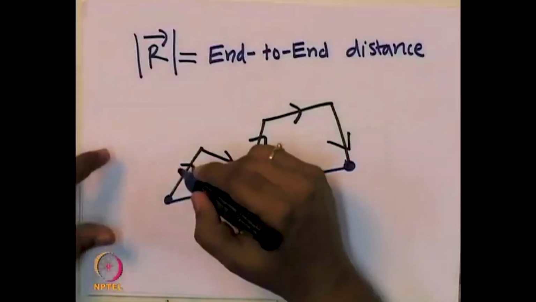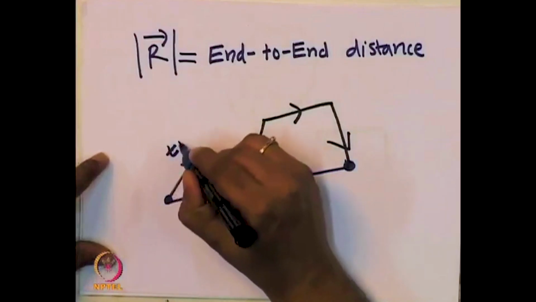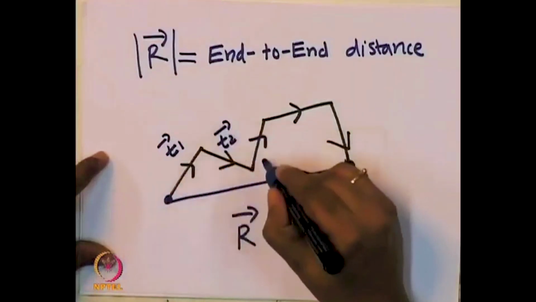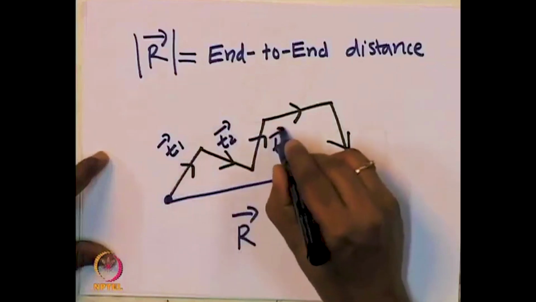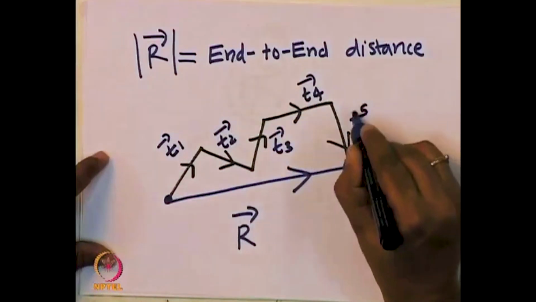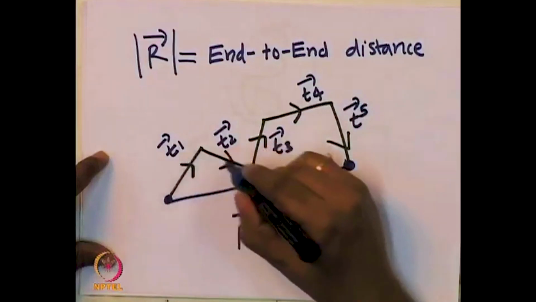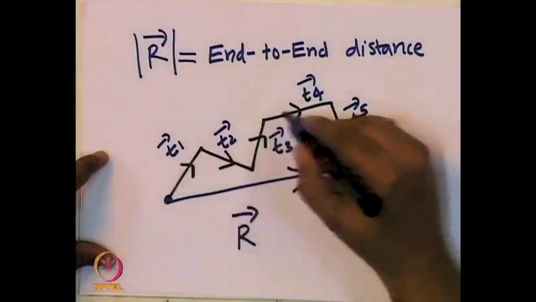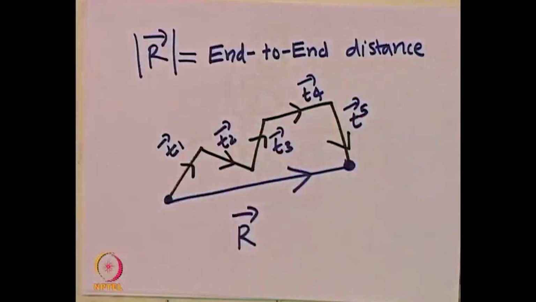So, let each of these monomers have some orientation. Let T1, T2, T3, T4 and T5 be these 5 vectors having 5 different, or any 5 random, orientations.